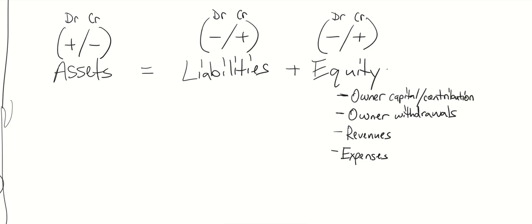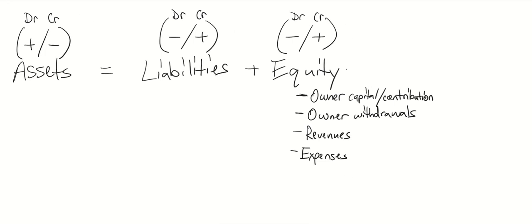So again, liabilities: to increase the balance in a liability account, you will credit it. To decrease it, you will debit it. Equity is made up of four components or four accounts: owner capital, owner withdrawals, revenues, and expenses. A normal balance in a capital account should be a credit balance.